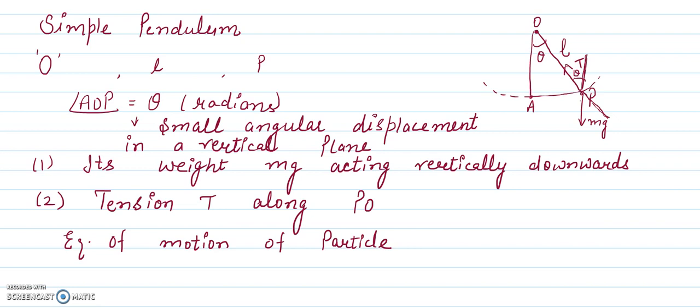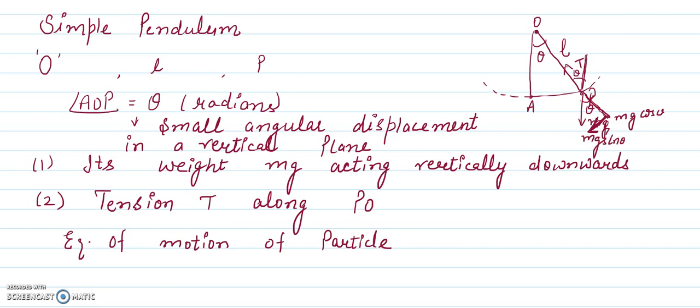First let's draw the angles. This angle is theta because of alternate angle, and this angle is also theta because of vertically opposite angle. So if we break this weight into two components, one is in this direction which can be regarded as the x component and it will be mg cos theta, and the other component in this direction which can be regarded as the y component. So this is mg sin theta.